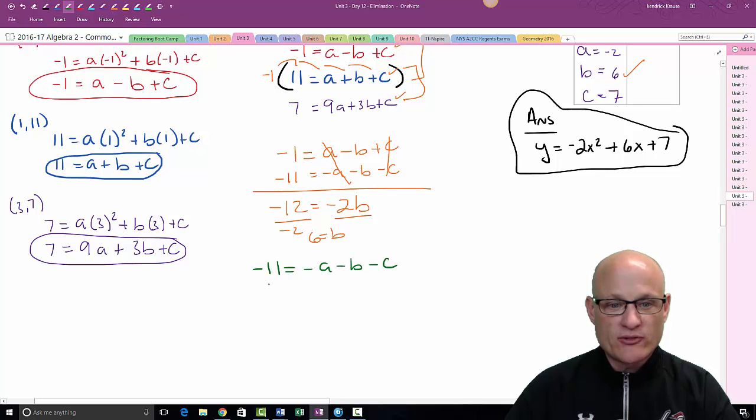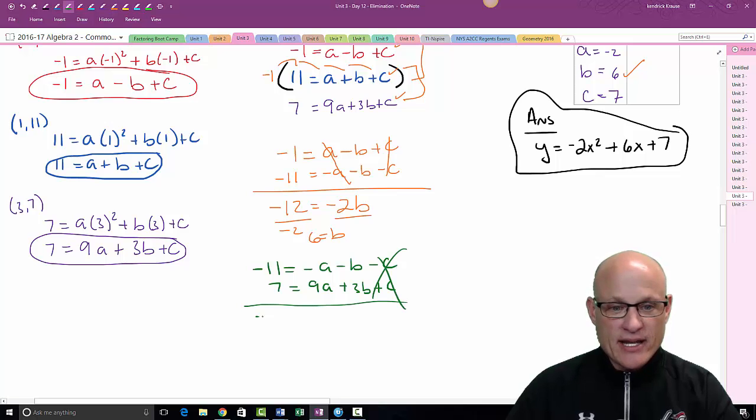And the second equation is 7 equals 9a plus 3b plus c. Well, I've got to add these up now. I don't get as easy. These ones go away. So I get -4 is equal to 8a plus 2b.